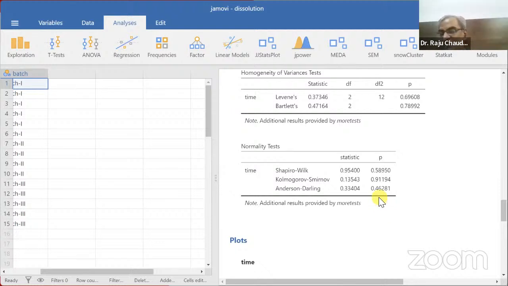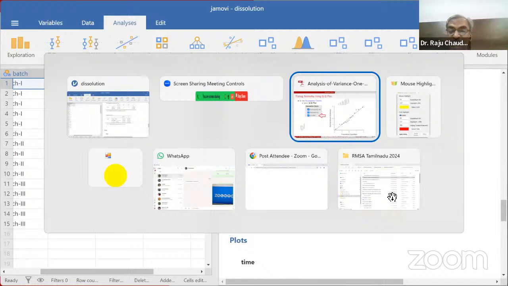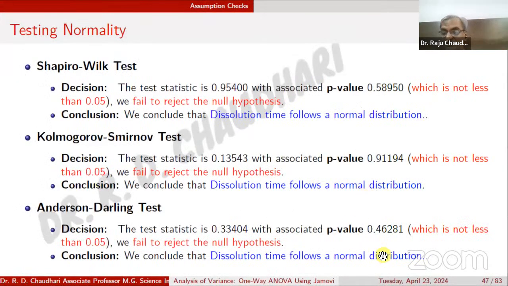It is 0.46, which is greater than 0.05. We are not comparing at 0.5, we are comparing at 0.05. So 0.46 is not less than 0.05. In all the cases, it is normally distributed.